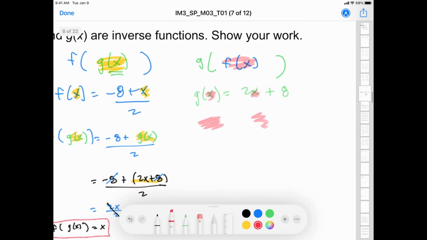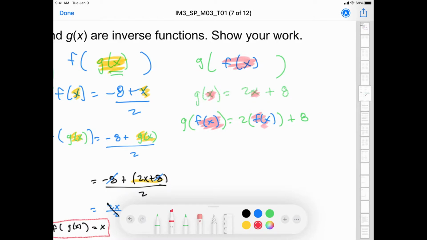Let's do that. So I have a g. We're going to put now in f of x. 2 times that plus 8.